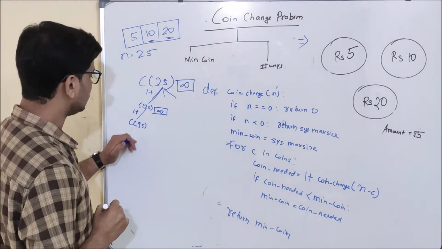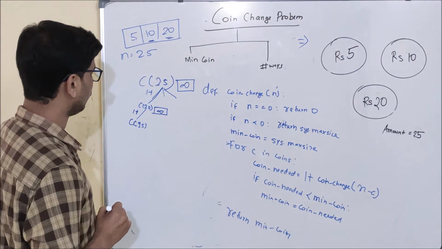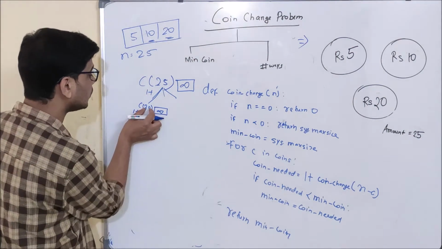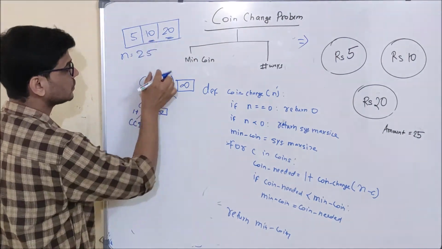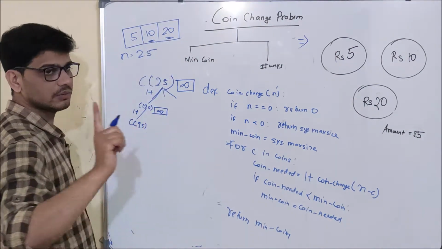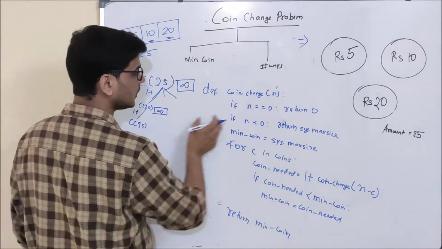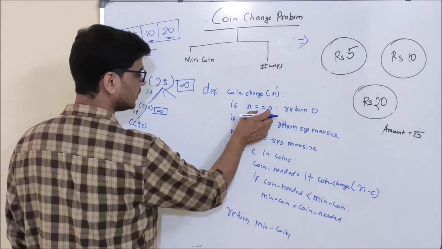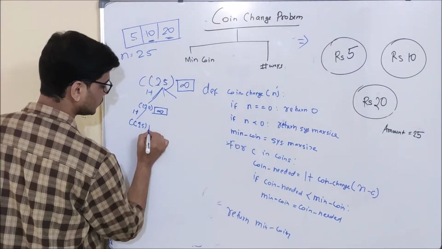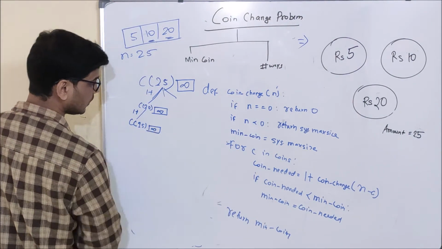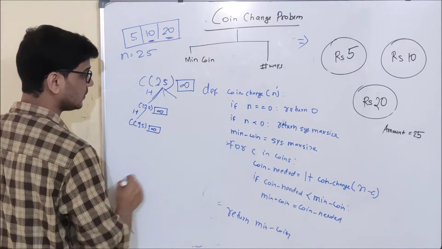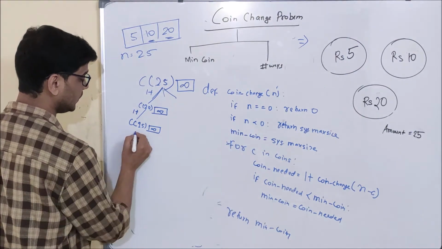Then this particular C of 15 will go for its own execution, and for C of 20, the options C equal to 10 and C equal to 20 will be on hold. Got it? Now C of 15 will come for its own execution. This condition will be false. This condition will be false. It will create a min coin variable for itself and initialize it to infinity.